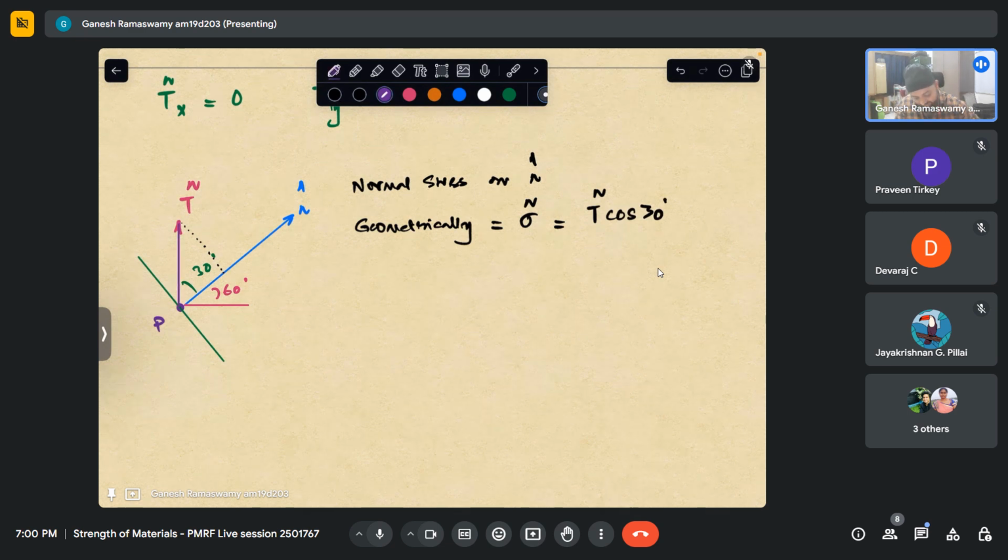I have a vector like that, I just have to find its horizontal projection. It is making an angle of 30 degrees with the normal, so it is 10.83 into cos 30, which comes out to be 9.38.